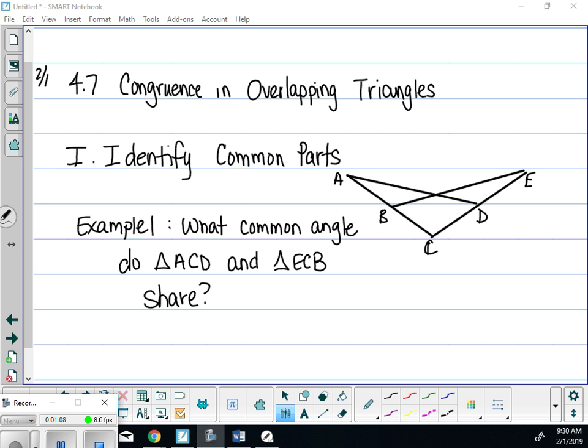Looking at this figure, what do triangle ACD and ECB have in common? Yes, sir. They both have angle C.